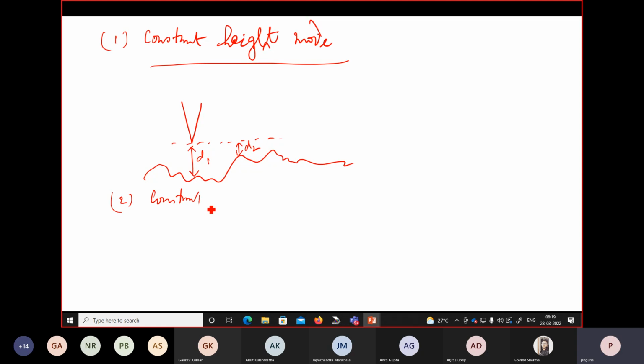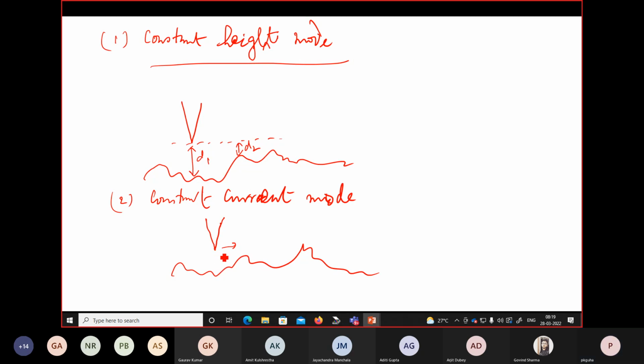In constant current mode, okay, what we do is apply a feedback mechanism. So we have again our sample, and as it scans the sample, you see in every position there will be change in current.